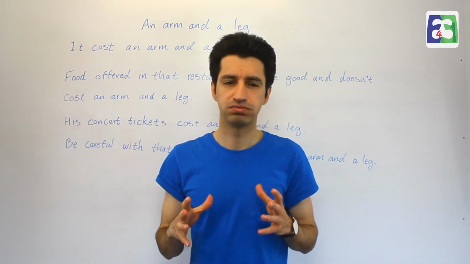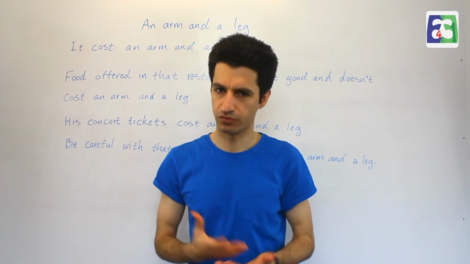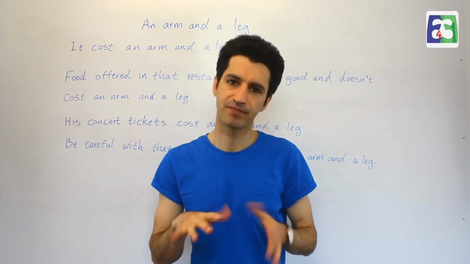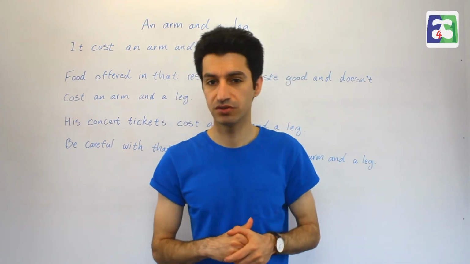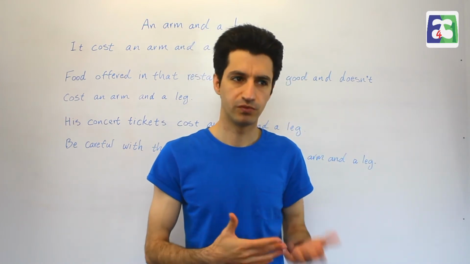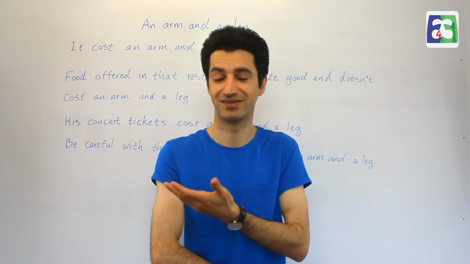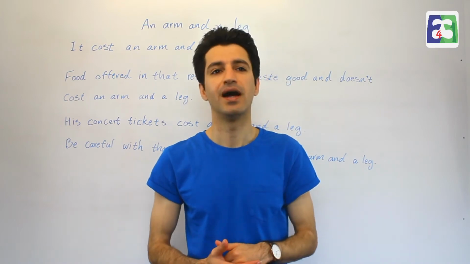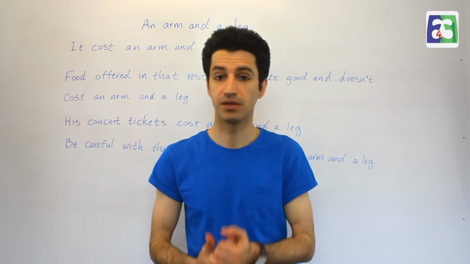But I have to say, there is not much evidence to prove this, and there are other things that might be the origin. The other one is that after World War II, there were lots of people who had lost their arms or legs or both. The war cost them a lot.